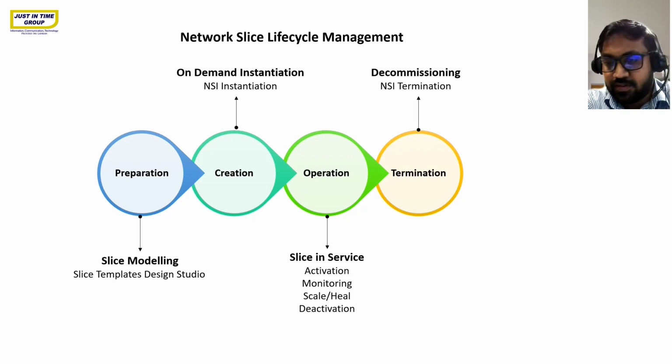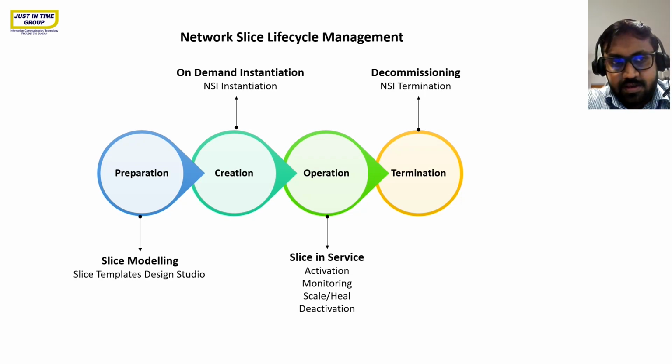Then the other aspect is network slice creation, so we can call it NSI instantiation, and the other aspect is network slice operation. Once you create a network slice, then you should be able to operate that. So network slice activation and monitoring, scaling, and all those things are handled in that operation. And then the network slice termination.